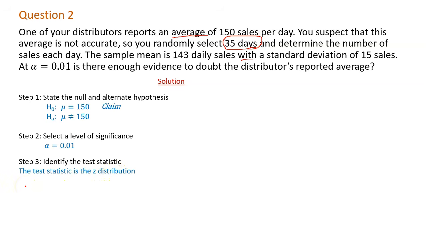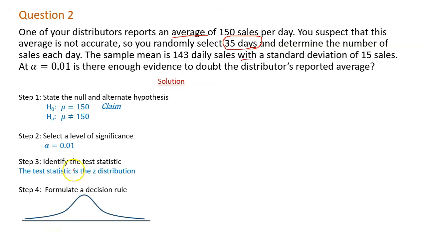Then you write step 4, formulate the decision rule. To formulate the decision rule, first we sketch a curve. After sketching the curve, you check if it is a one-tailed test or a two-tailed test. So you come back to the set of hypotheses and check where the alternate is.